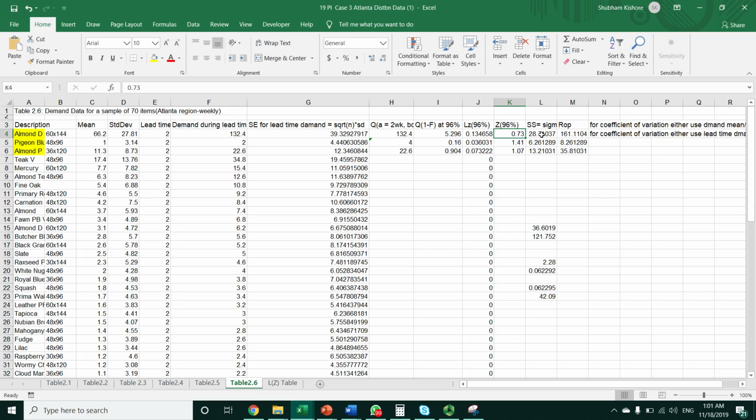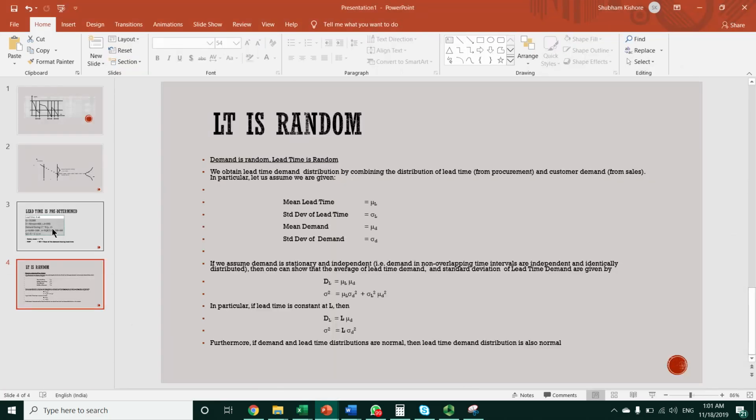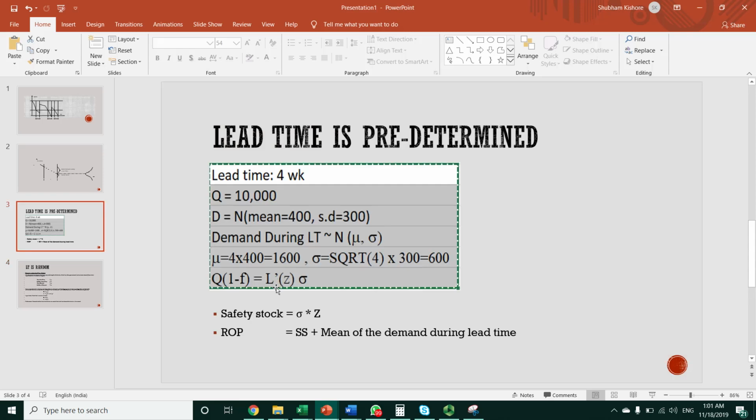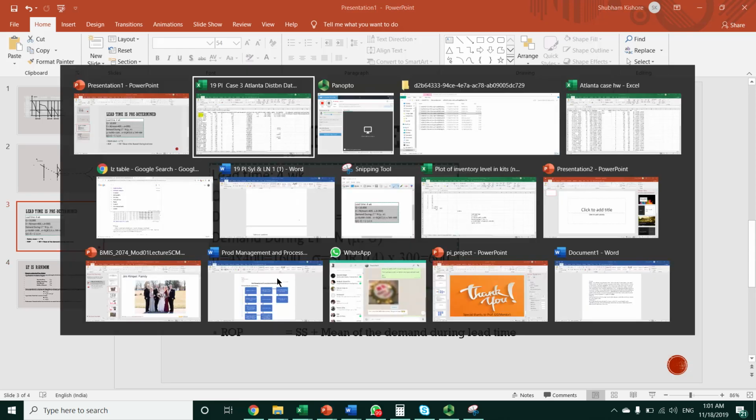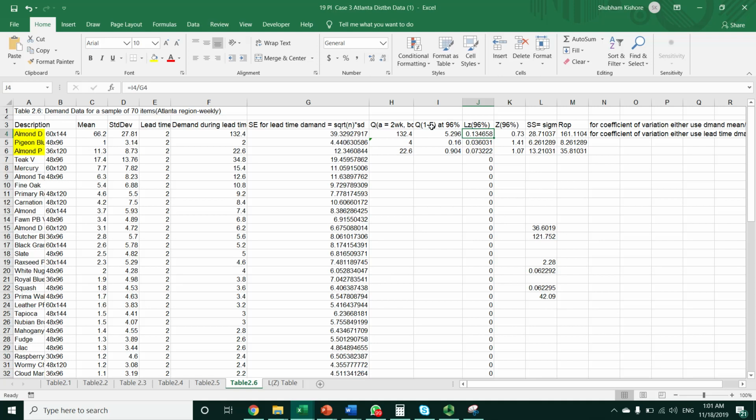For the z value I need to have the LZ value, which I got from the equation: Q times (1 minus F) equals LZ multiplied by the standard error. So LZ is nothing but this factor Q(1 minus F) divided by the standard error. So you standardize it, actually.